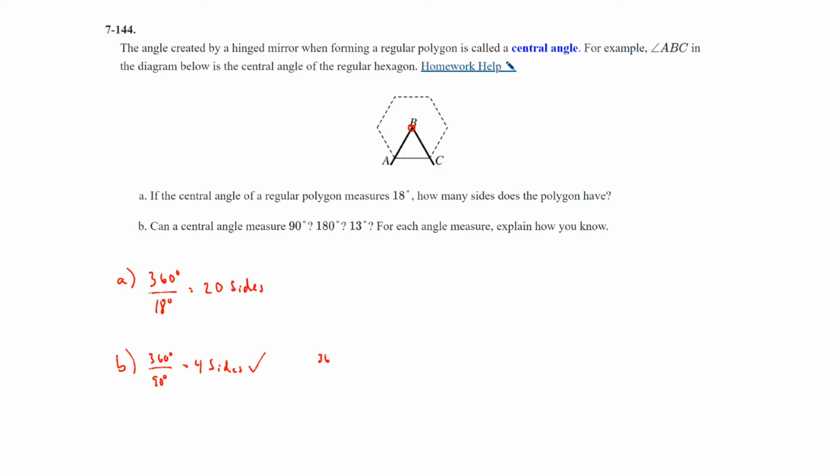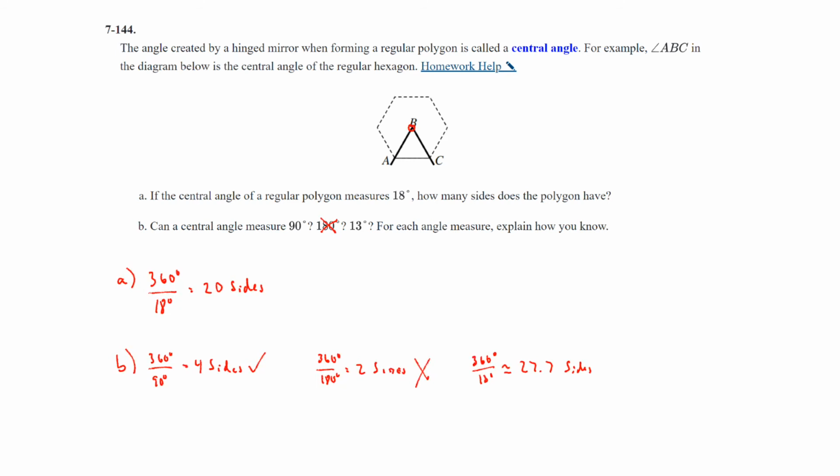If you take 360 degrees and divide it by 180 degrees, that would be 2 sides, and that does not work because you need 3 sides to close in the figure, so that one doesn't work. And then 13 degrees: 360 degrees divided by 13 degrees is approximately 27 point something sides. Well, that doesn't make any sense.